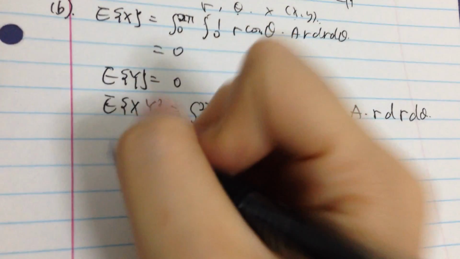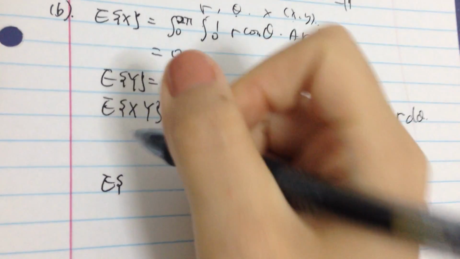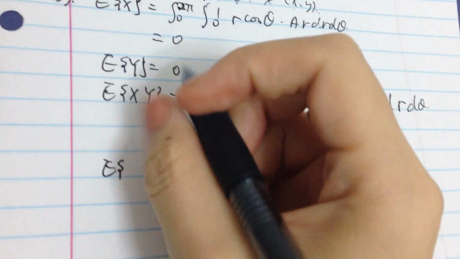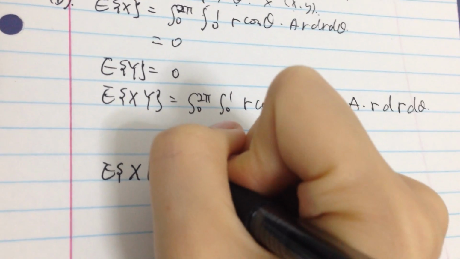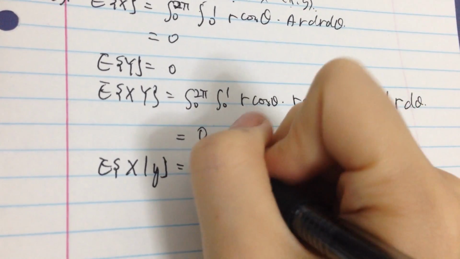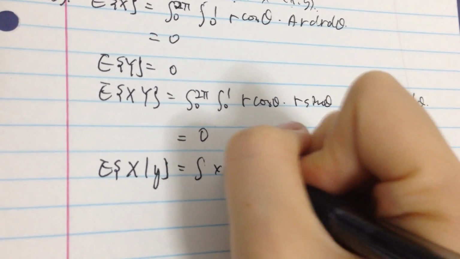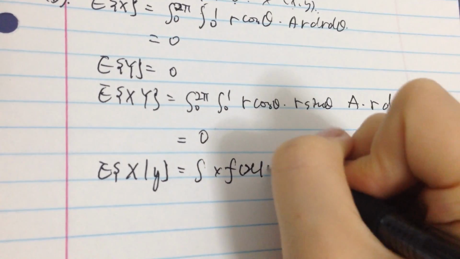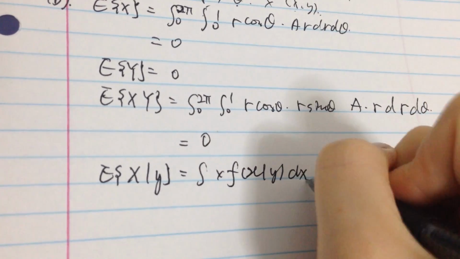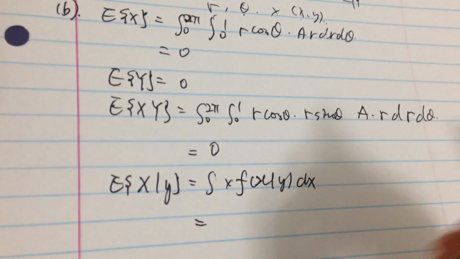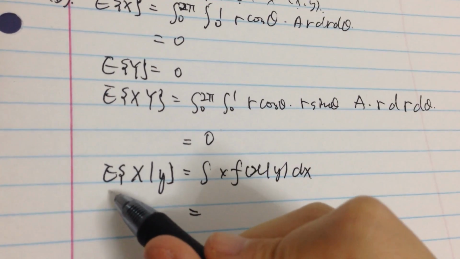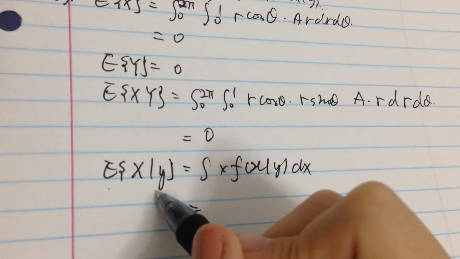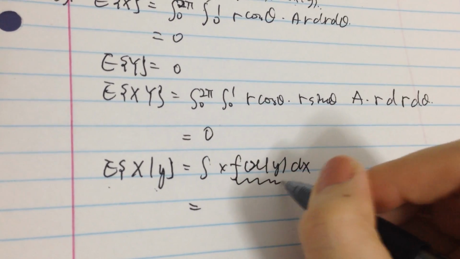Well, so it's time for us to get the conditional expectation. Here's x given y. If we want to know the expectation of this conditional one, we need to know this first.